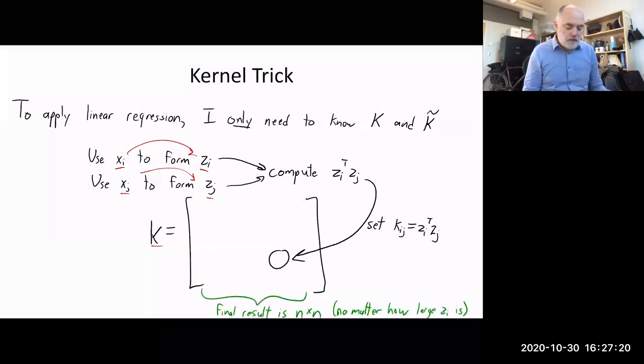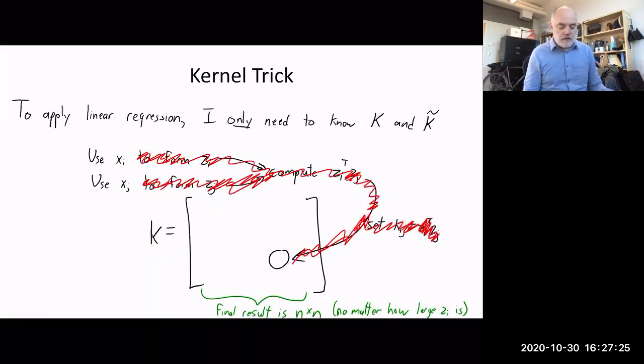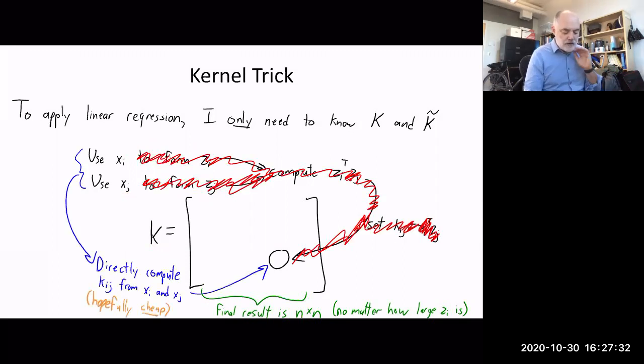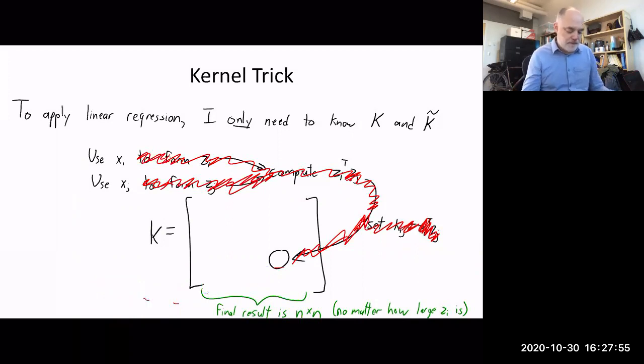The final result is this n by n matrix, and it doesn't matter how large the original or expanded feature space is. The point is, we are not going to do this. We're going to assume that we have this magic kernel function that allows us to directly compute the entries of this Gram matrix from the X's, not the Z's. Ideally, computing each entry will be cheap. Hopefully the whoa comment still stands.